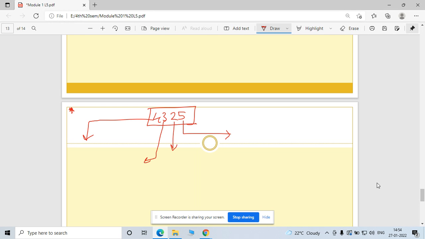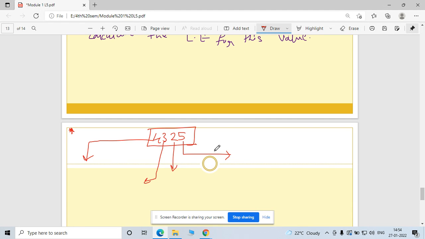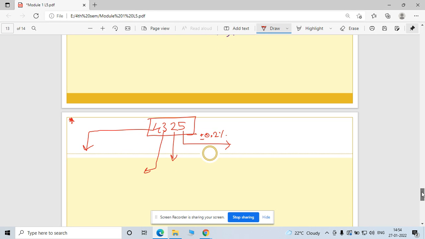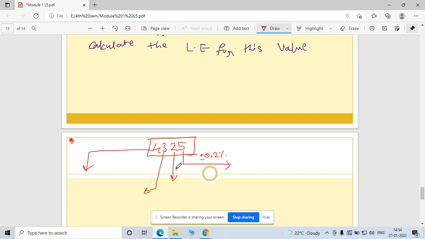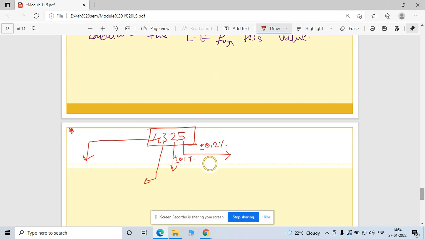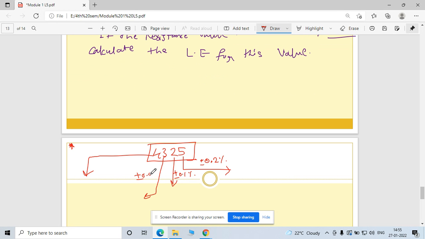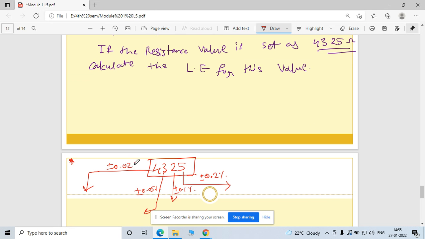According to your question, the probable error for the unit place is plus minus 0.2%, for the 10th place plus minus 0.1%, for the 100 place plus minus 0.05%, and for the 1000 place plus minus 0.02%.